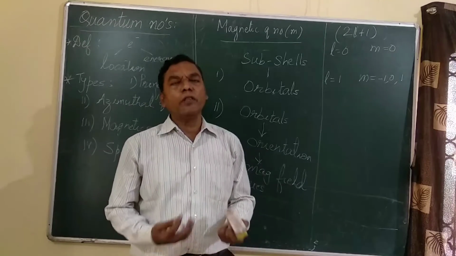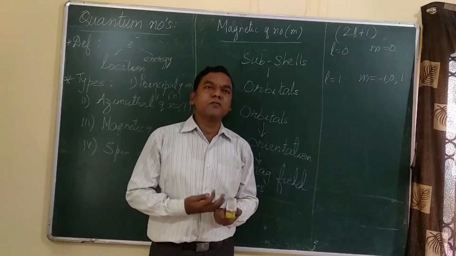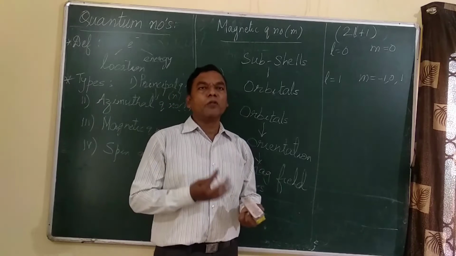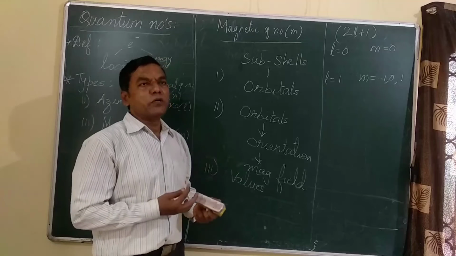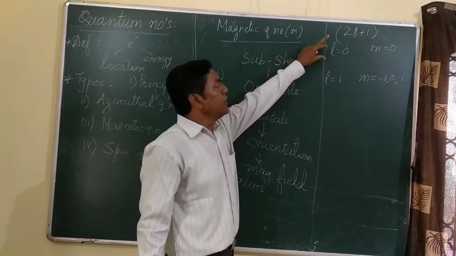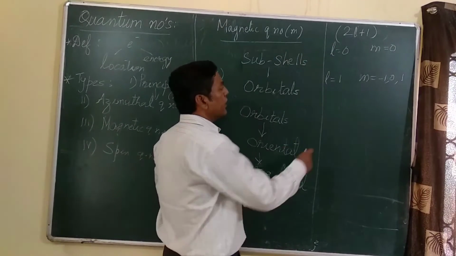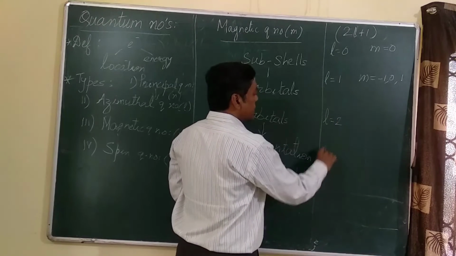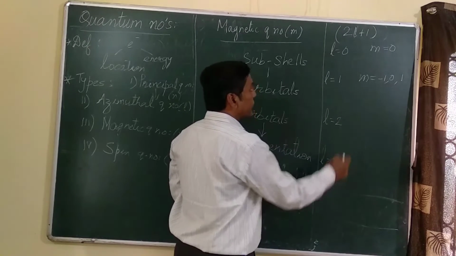And as we know, the values of the magnetic quantum number depend upon the values of the azimuthal quantum number. Now here, let us see, if these are the possible values of L, what may be the possible values of M?